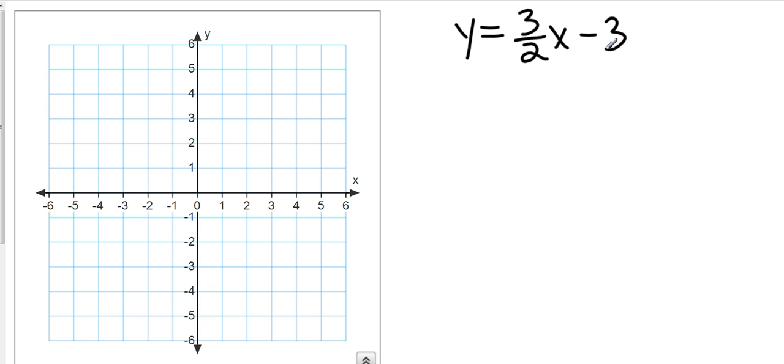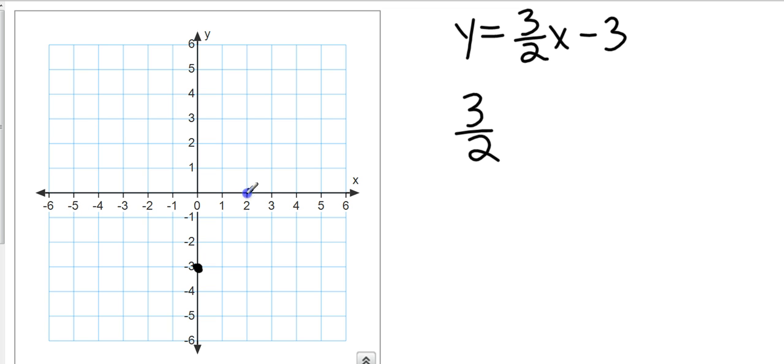And I got a little humming here because of the volume. Let me turn this down. There we go. But actually this fraction is good for us because we're going to represent our slope as a fraction, and this one's already a fraction, so I don't have to change it. My y-intercept is negative 3, so I'm going to negative 3 right here. And my slope tells me to go up 3 and to the right 2.